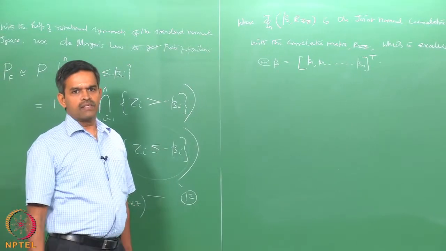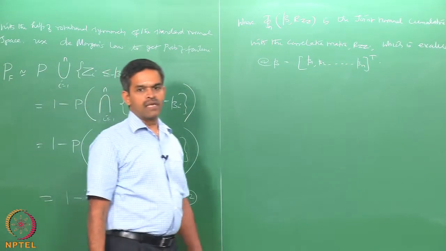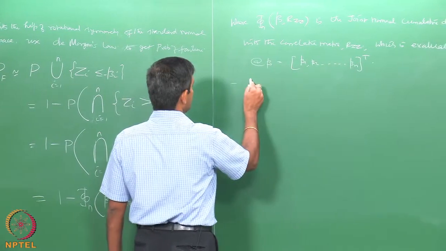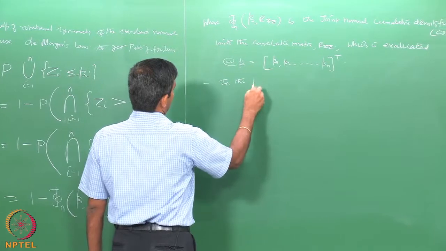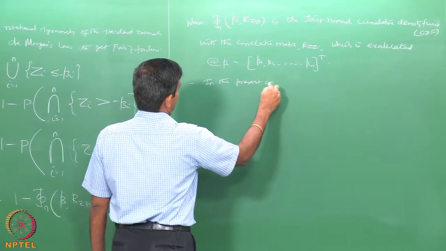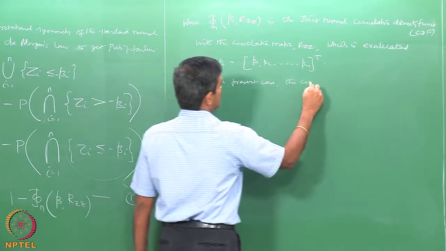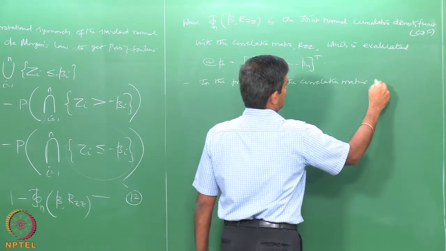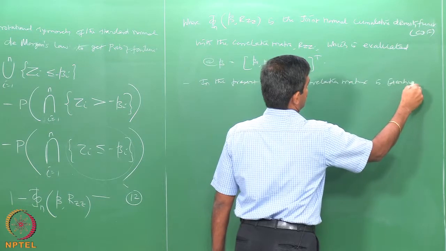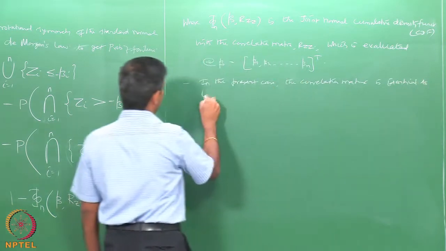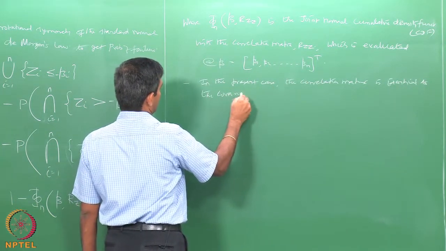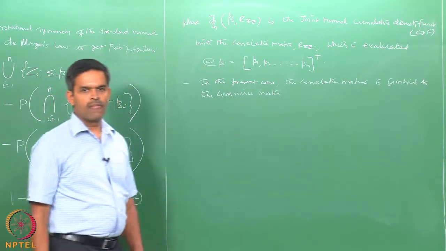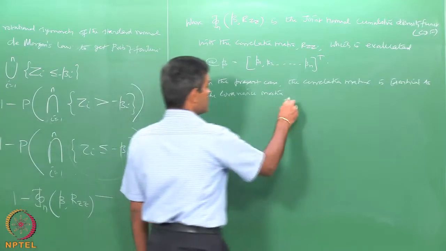In the present case, the correlation matrix is identical to the covariance matrix because the variables are standard normal.